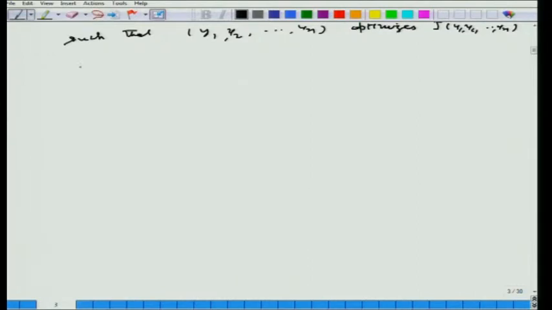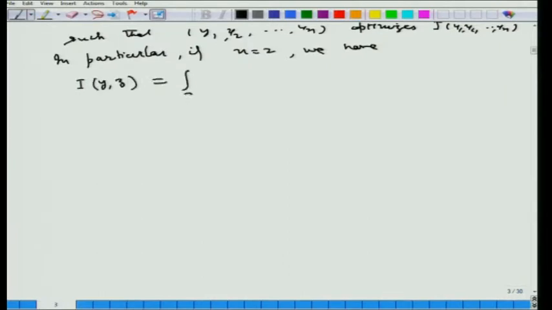So, in particular, if n equal to 2, we get I(y, z) is the integral from x_1 to x_2 of f of x, y(x), z(x), y'(x), z'(x).